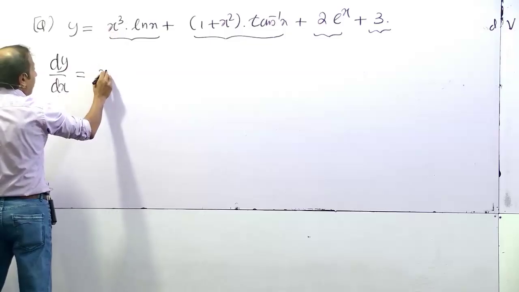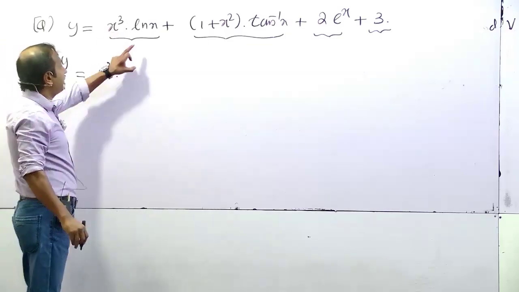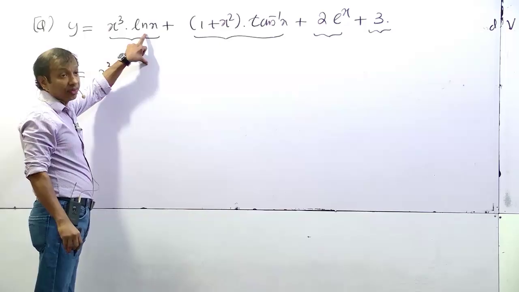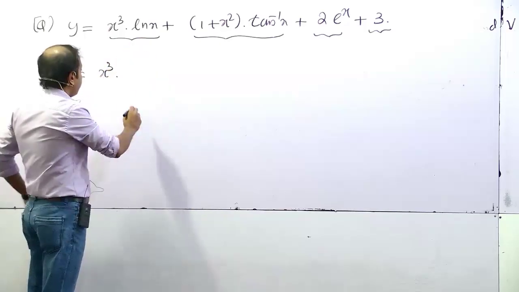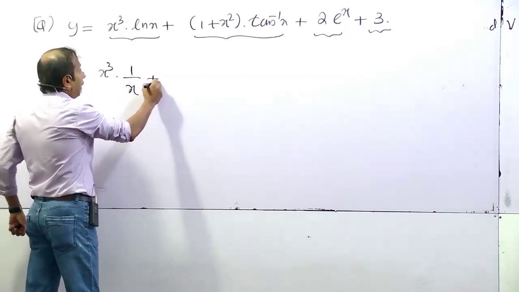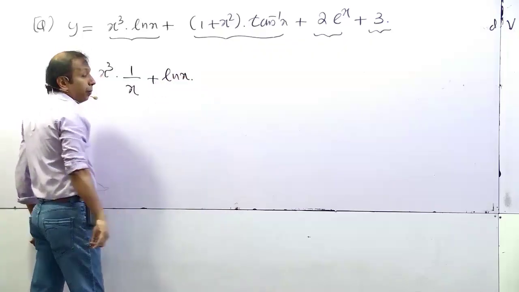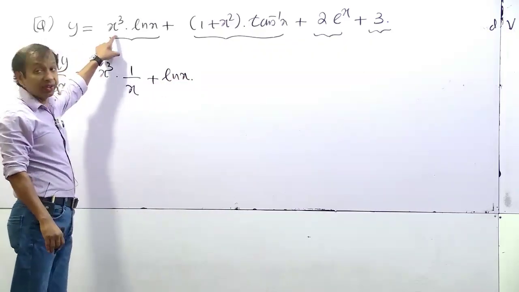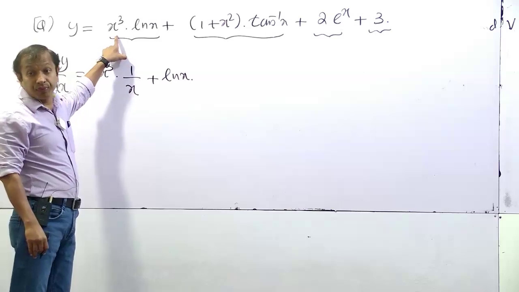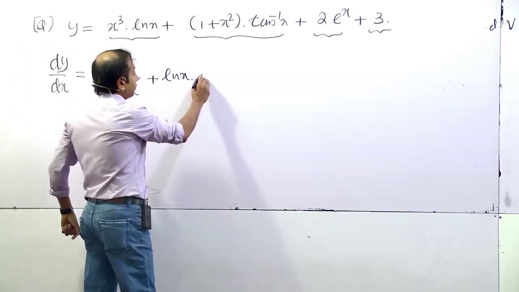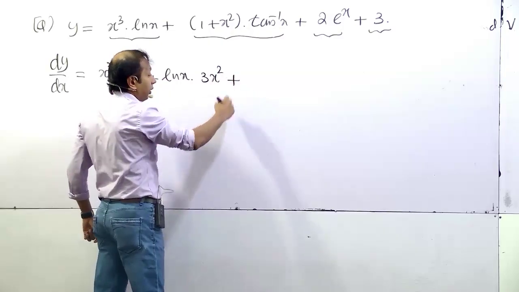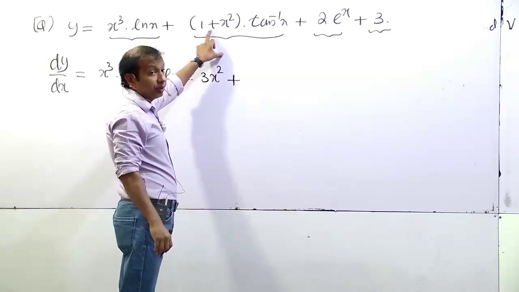First, keep x cube. What is the derivative of ln x? 1 over x. Yes. Then ln x keep as same. Our derivative of x cube is 3x squared. That's okay. Now come to here.